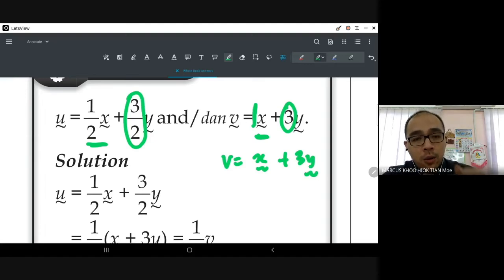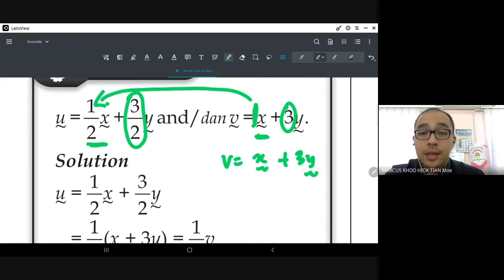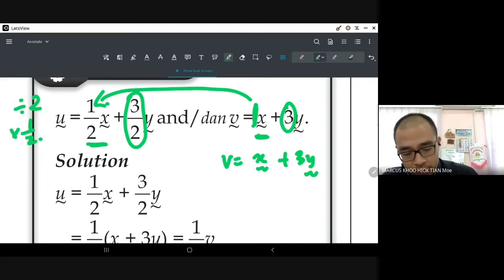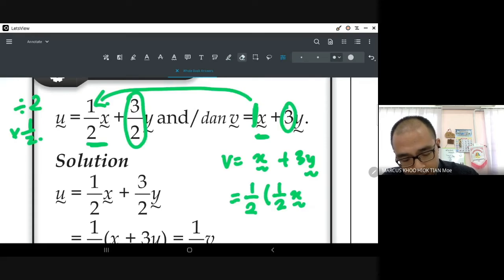So how do I change 1 to become half? I divide by 2, either I divide by 2 or I times by half. Same thing. So let me factorize out the half over here. Half x. Sorry, divide by 2 means outside here I factorize by 2.